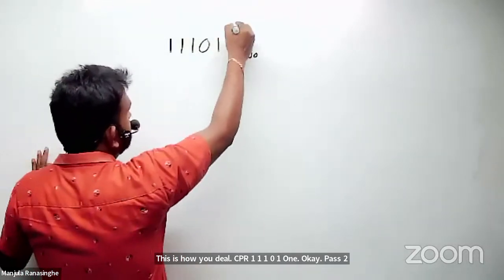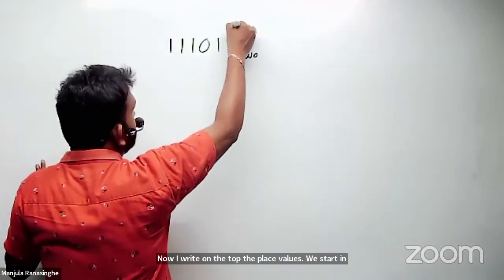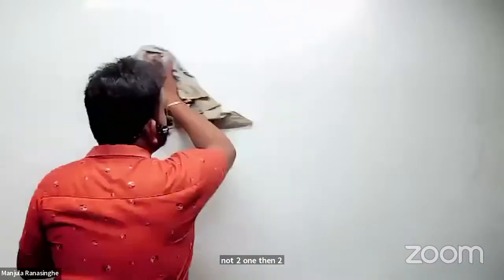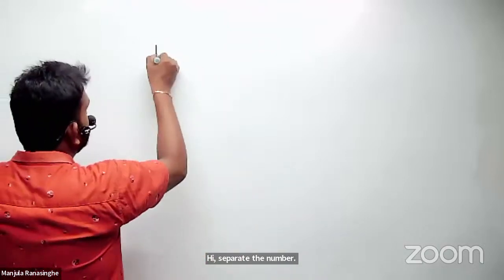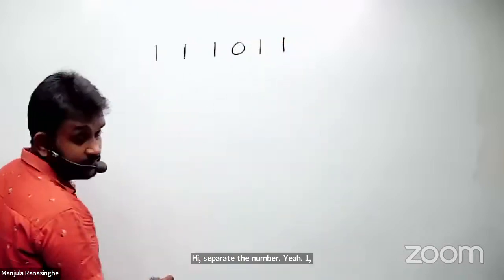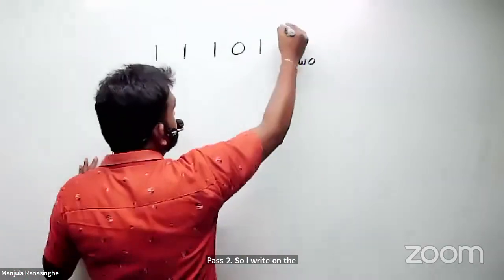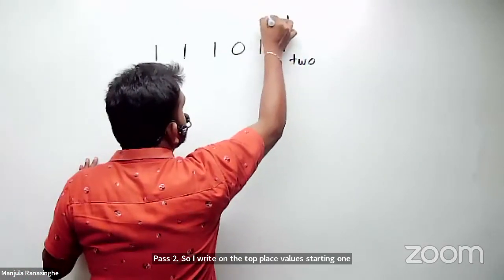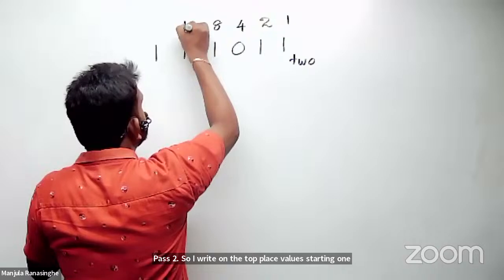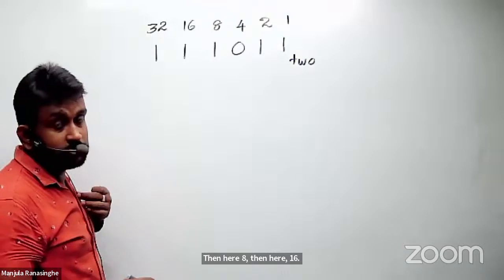Now I write on the top the place values, starting with 1, not 2. 1, then 2. I separate the number a bit: 1 1 1 0 1 1. Imagine this is the number base 2. So I write on the top place values starting 1 there, then here 2, here 4, then here 8, then here 16, here 32. Right. I write on the tops.